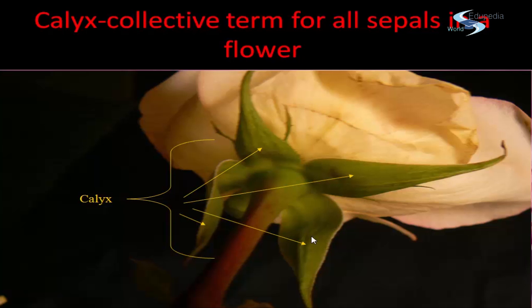Inside the bud, a flower forms. This includes the petals as well as reproductive parts such as the stamen and pistil. During this time of formation, the sepals form a protective enclosure for the flower and keep it from drying out. So this is the main function of sepals, whose collective form is known as calyx.